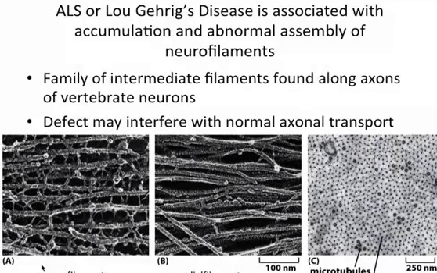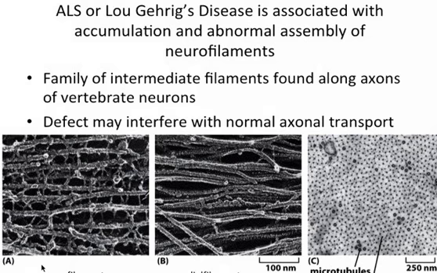Other defects with intermediate filaments. This is specific to neurofilaments. ALS or Lou Gehrig's disease is associated with accumulation and abnormal assembly of neurofilaments. So this is a family of intermediate filaments that's found along axons in neurons, and the defect, they think, interferes with normal axonal transport.